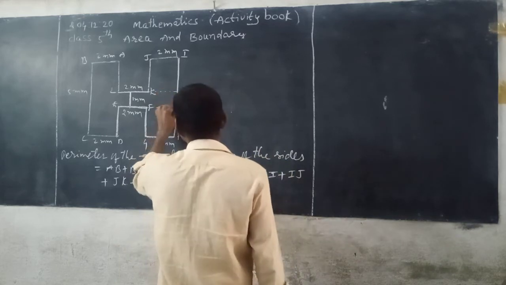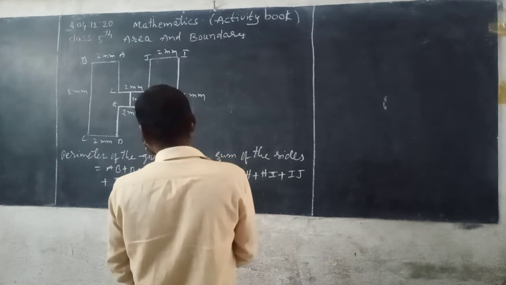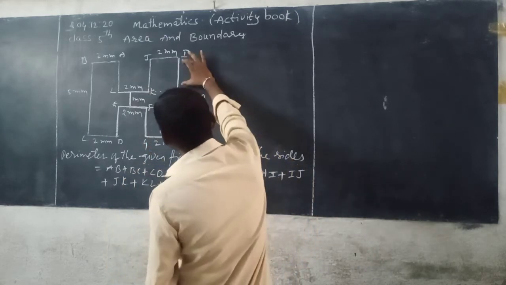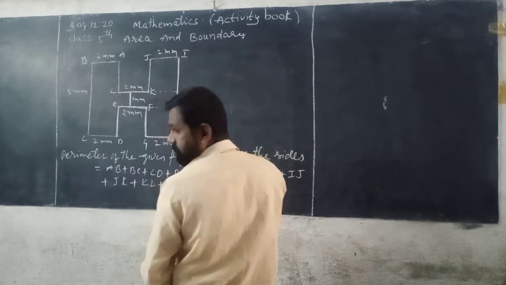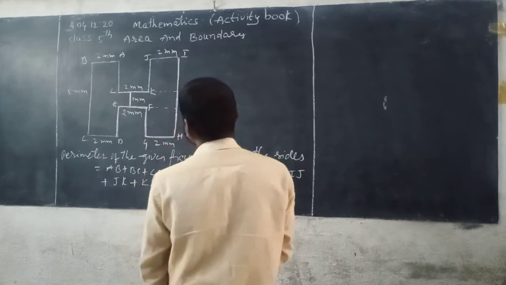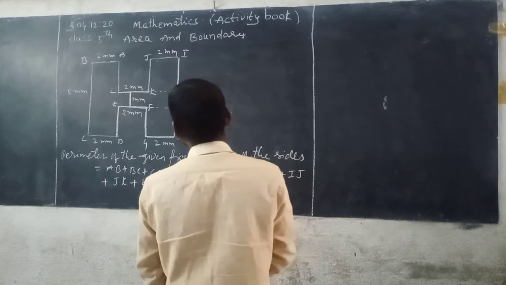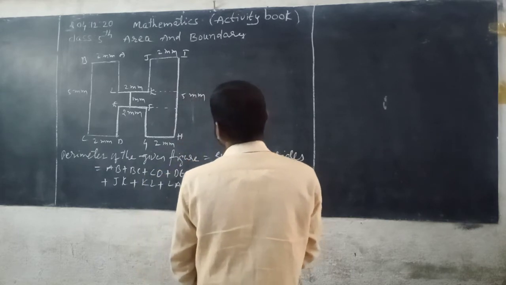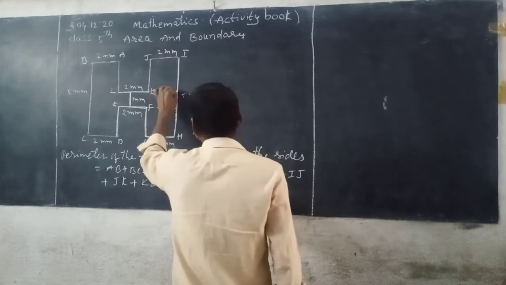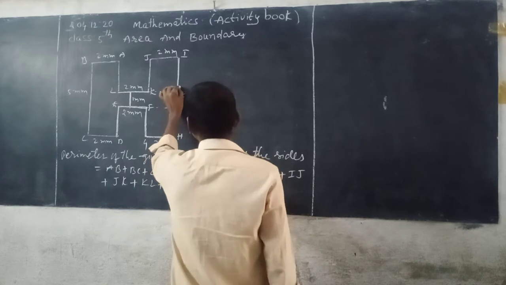So this distance is 1 millimeter. Then so remaining you can find out this side, these two parts. Now here, you can write, see here, KL.